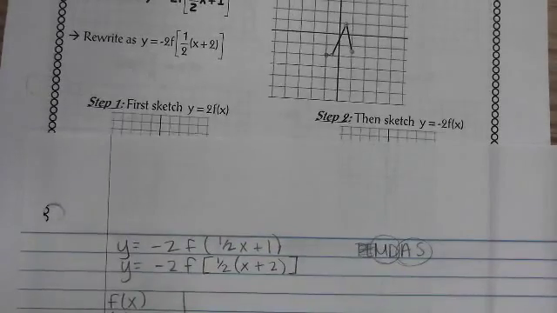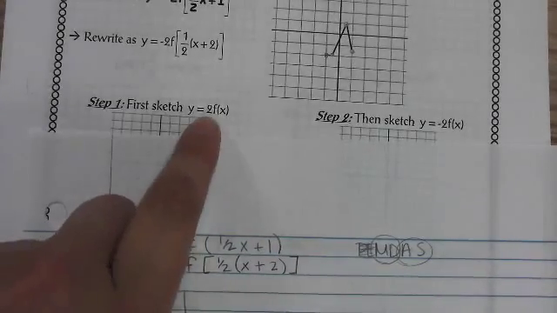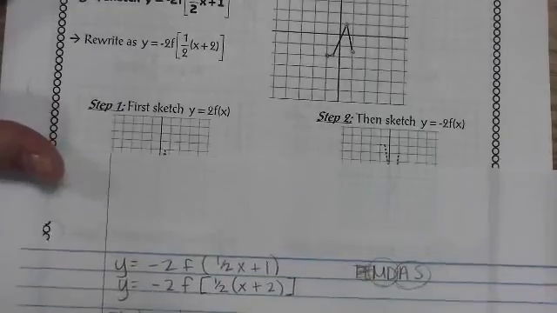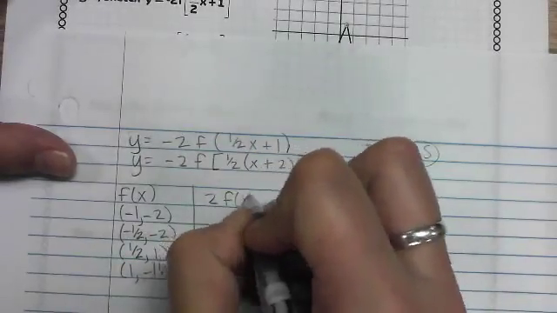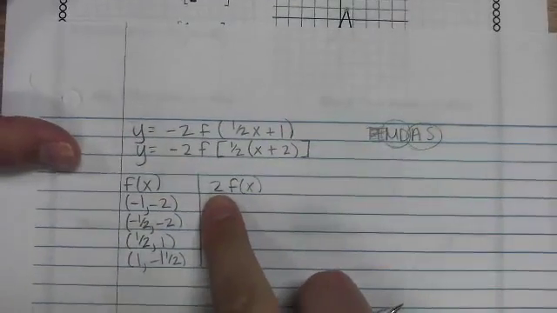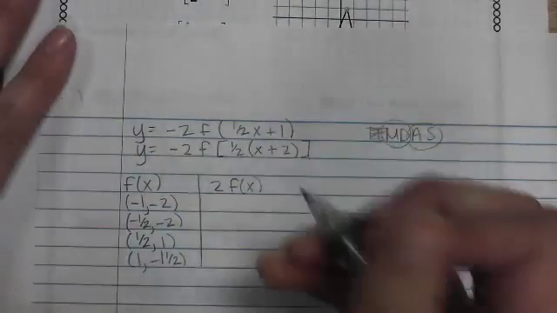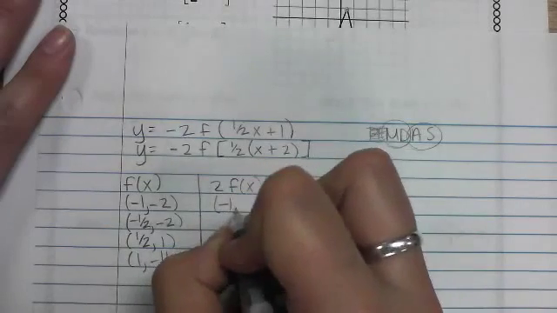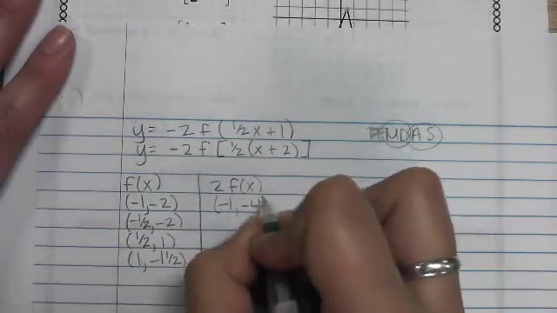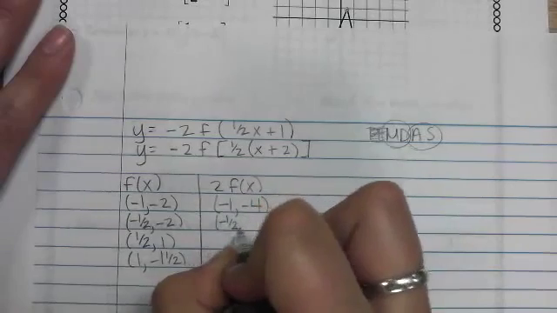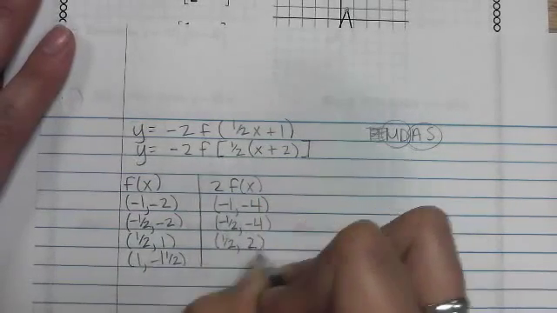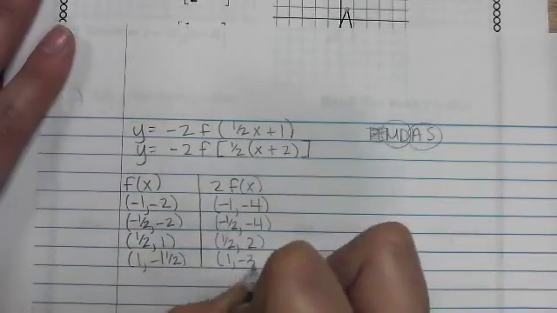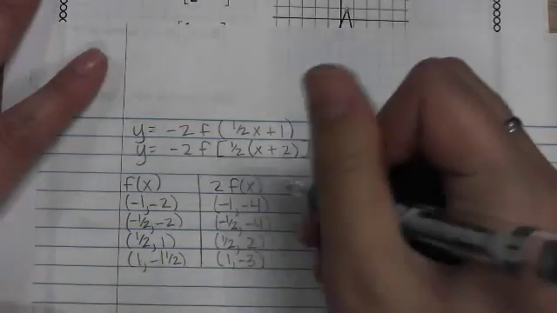Now, the transformation they did next is they dealt with that vertical stretch. So we're going to go ahead and do that. Dealing with the vertical stretch means that I'm going to take my y coordinate and multiply it by 2. So -4, -4, 2, -3. So I've stretched it vertically.